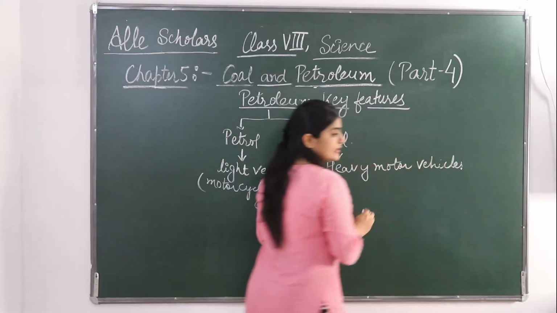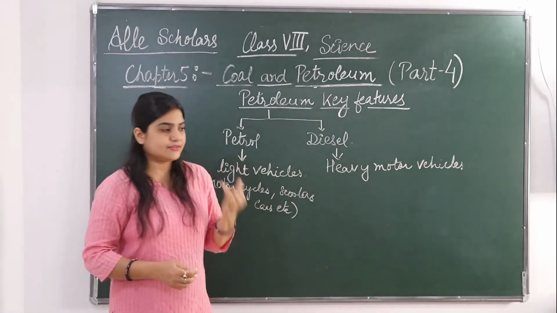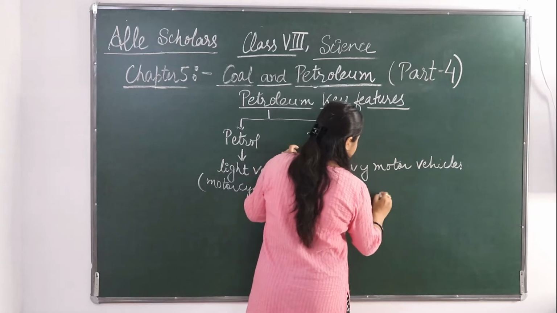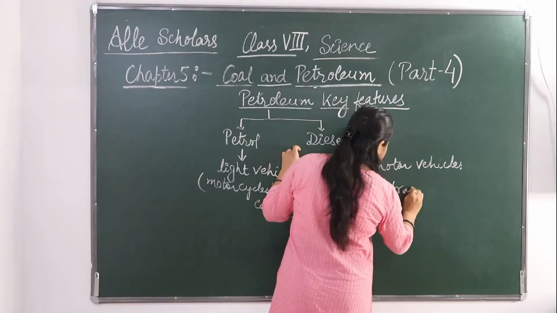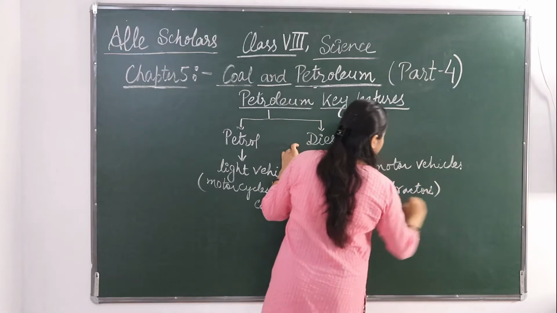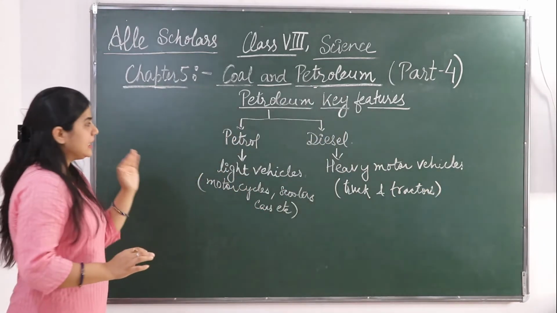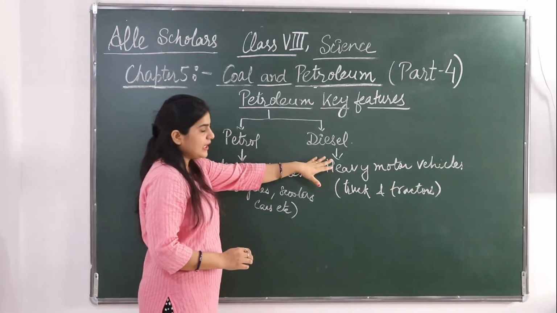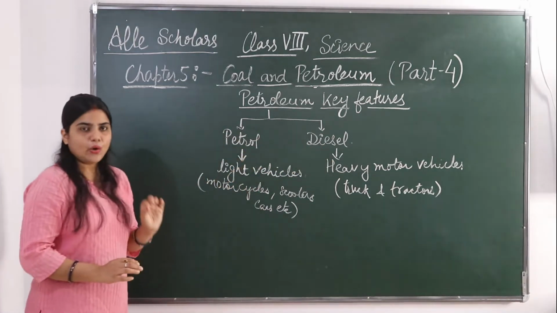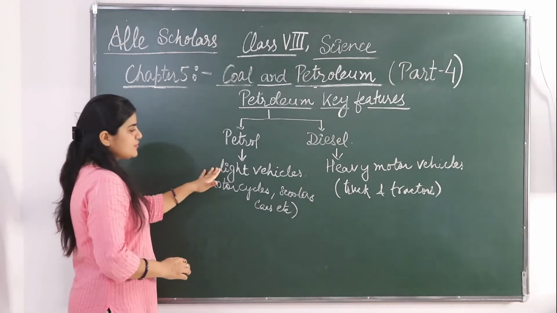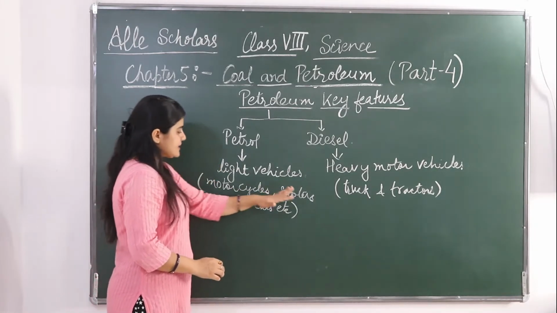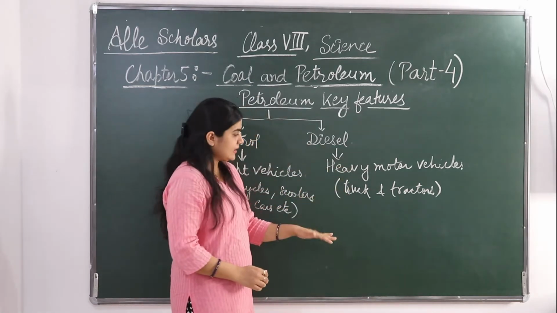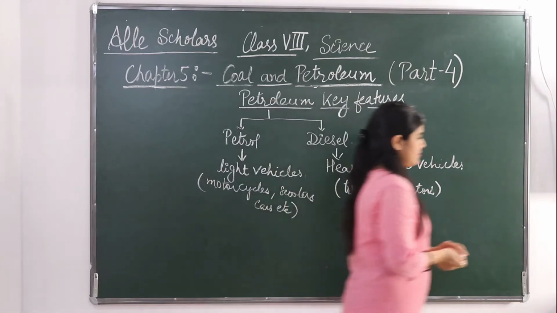Heavy motor vehicles like trucks and tractors run on diesel. So petroleum is a natural resource from which petrol and diesel are obtained. Petrol is used for light vehicles like motorcycles, scooters, cars, etc. Diesel is used for heavy motor vehicles like trucks and tractors.